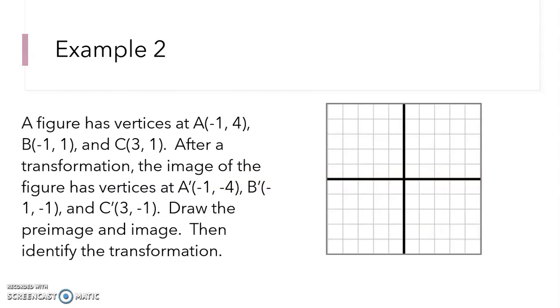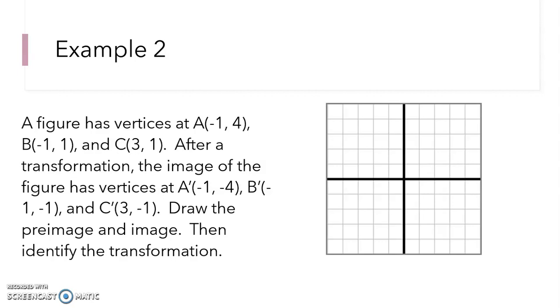In example 2, it says a figure has vertices at A, which is (-1, 4), B, which is (-1, 1), and C, which is (3, 1). After a transformation, the image of the figure has vertices at A prime (-1, -4), B prime, which is (-1, -1), and C prime, which is (3, -1).